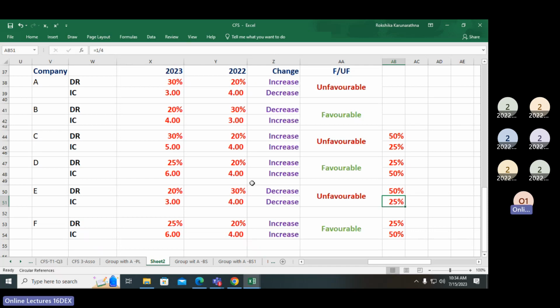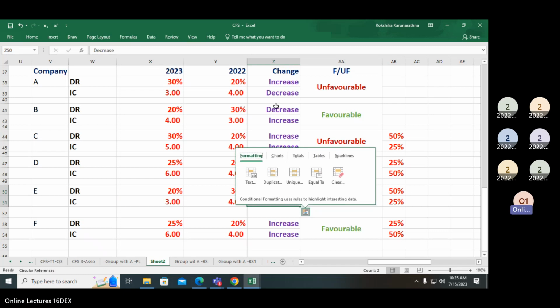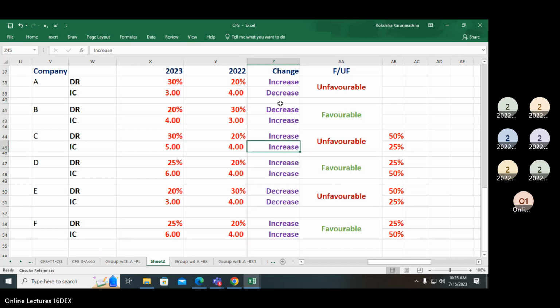Risk decrease, favorable. Return decrease. මේක decrease වෙද්දි මේක ගන්න. right.